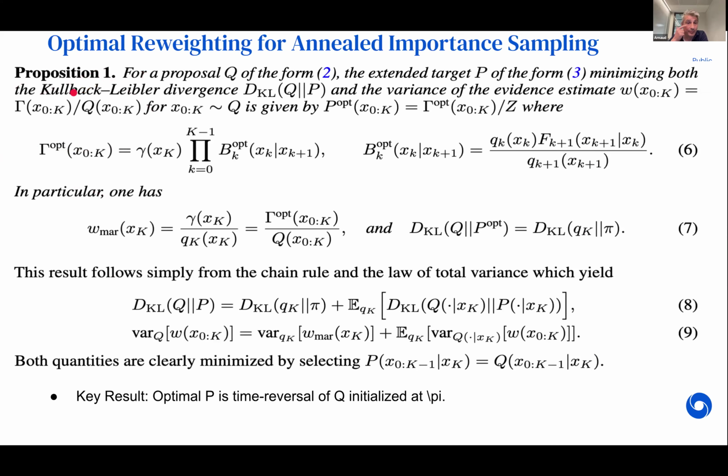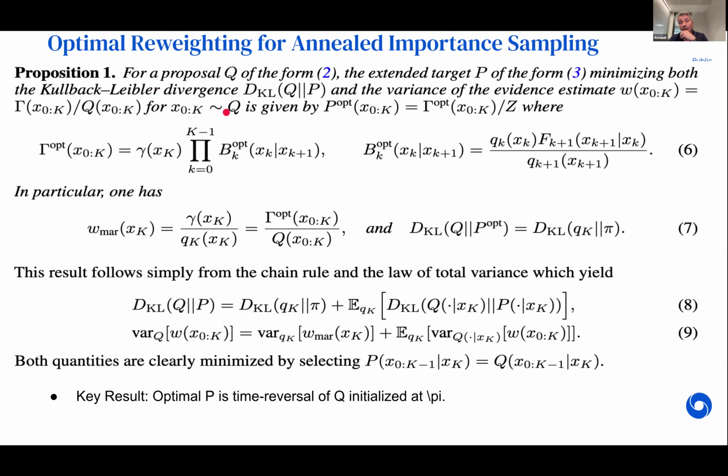I think it first appeared in a paper with Del Moral in 2006, but it's good to remember the result. So this result is the following. You have basically a proposal Q, which is given by the distribution of a non-homogeneous Markov chain. You need to define an extended target P, and you want to do it so that this extended target is such that the variance of the evidence estimate, the normalizing constant estimate, that is the variance of the importance weight on the extended space, is minimized.